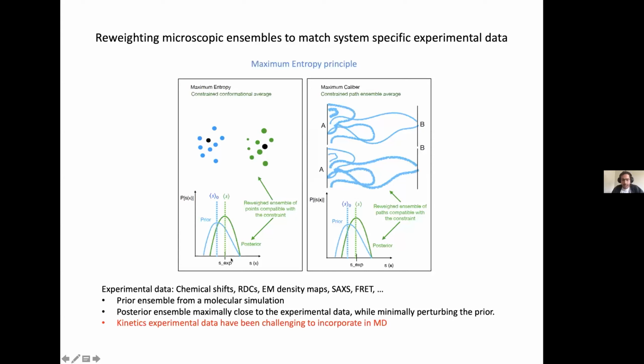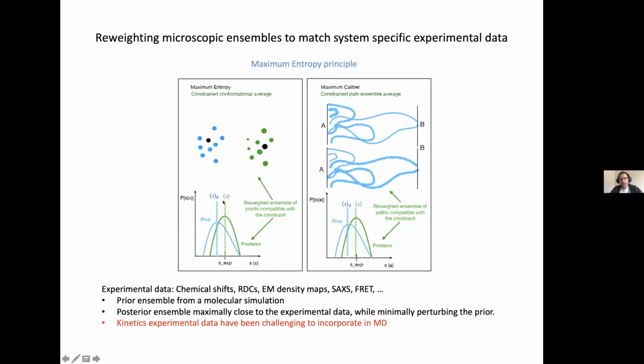some collective variable, and your ensemble average along that variable is given by S0. But say that you have some experimental data, for instance RDCs, or even electron density maps, so that your average electron density, and consider this being the electron density variable, is a bit shifted to the right.